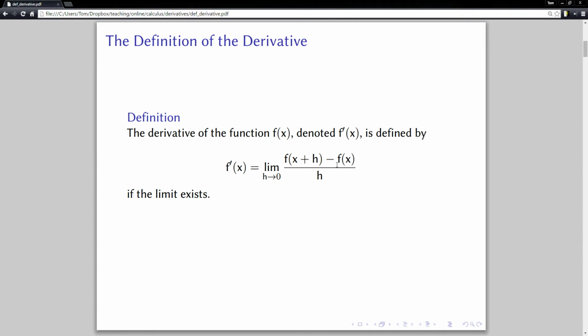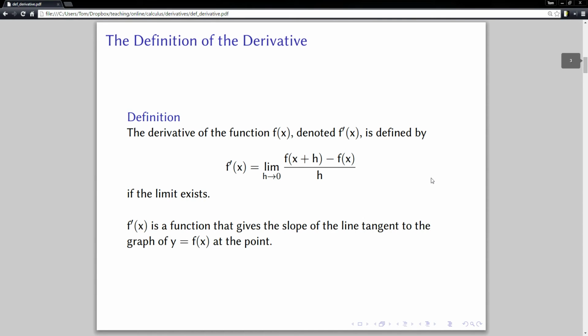In all of these spots, we don't have a specific number for x. And so what you will get in the end after you compute this out is a function that gives the slope of the tangent line to the graph at any point or number.